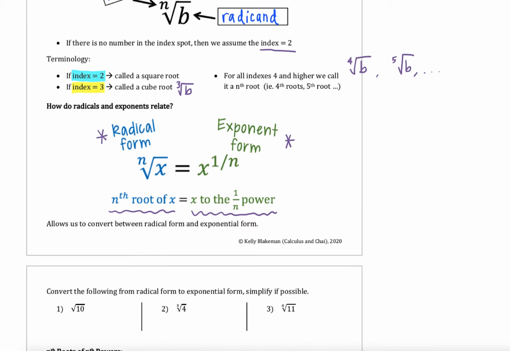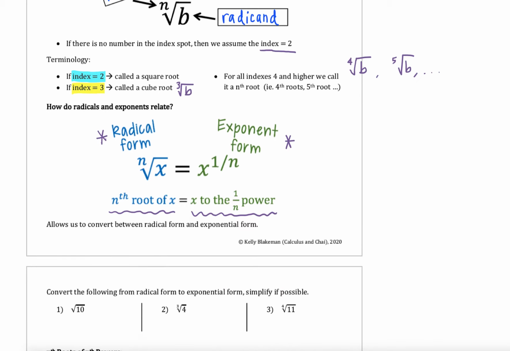And let's see just a couple examples of converting back and forth. So in our first 3 examples here, we're going to convert the following from radical form, which each one of them is in, to exponential form and simplify if possible. So in this first example here, we have the square root of 10. I have no number written in my spot of my index, so we assume our index is equal to 2, and we would pronounce this as the square root of 10.